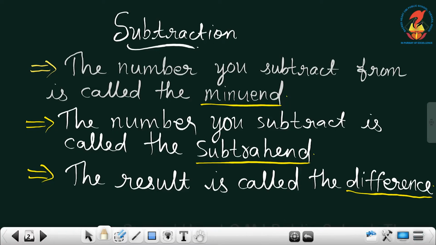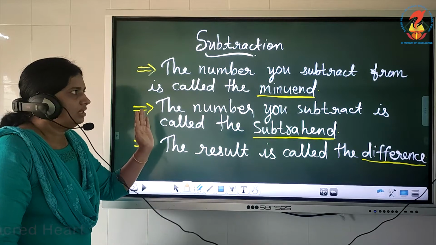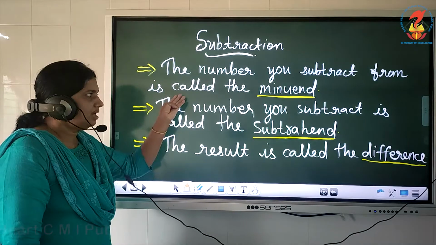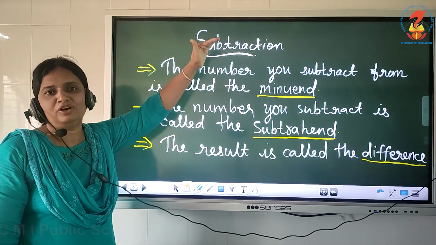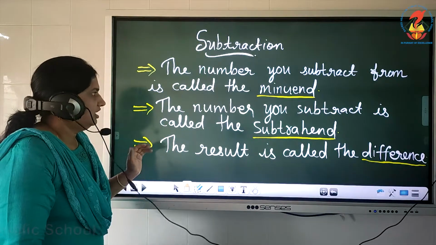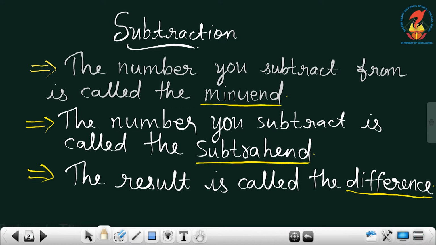First, subtraction. The number you subtract from is called the minuend, right? The number you subtract is called the subtrahend. And the result obtained in the subtraction is called the difference.